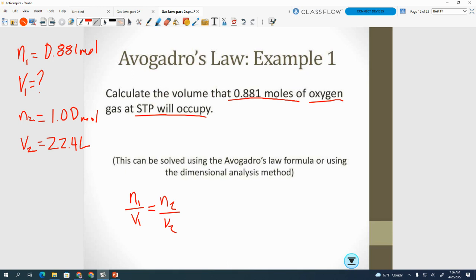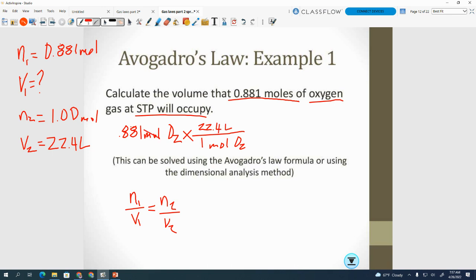Or I can treat this more as a stoichiometry problem, dimensional analysis problem, where I say that I have a given of 0.881 mole O2, and I know that for every 1 mole of O2, I have 22.4 liters.